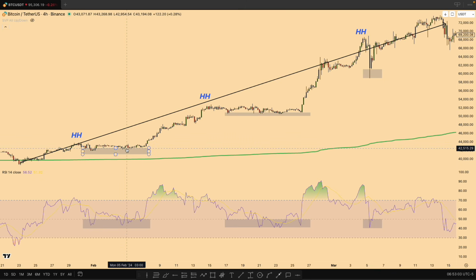Your invalidation is then when the RSI accepts below 40 or the trend structure breaks. So why does this strategy work? You're buying momentum continuations. You're not chasing the highs and you're not guessing the bottoms. This works exceptionally well in crypto trends, equity index trends, and strong macro driven moves.